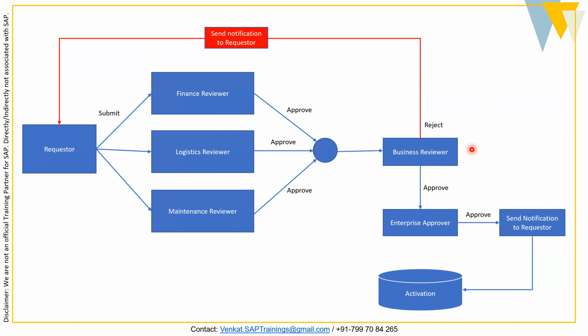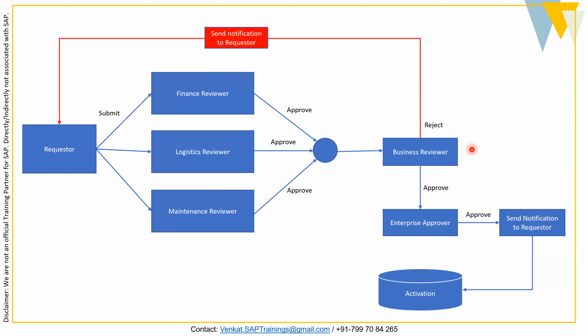So at the first level, the requester will create the CR, and once he creates a CR, we will implement parallel workflow techniques to send the CR approvals to the finance reviewer, logistic reviewer, and maintenance reviewer.